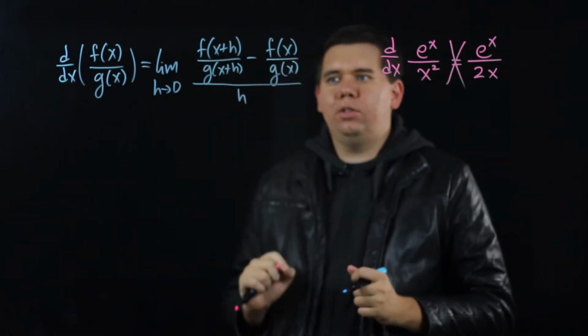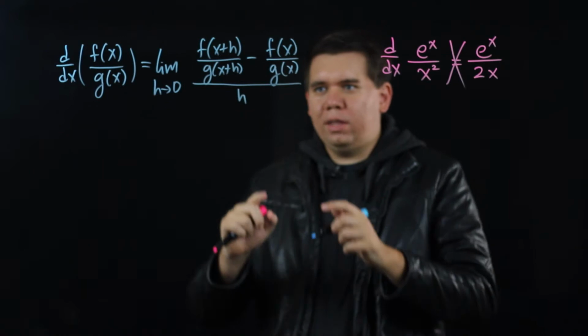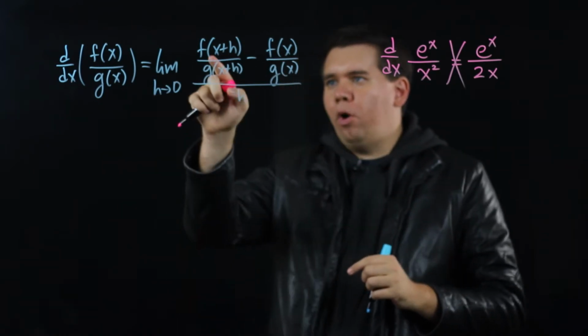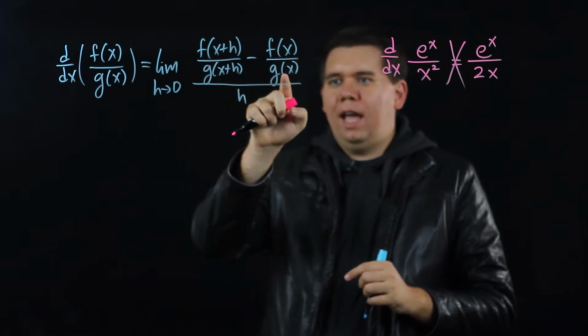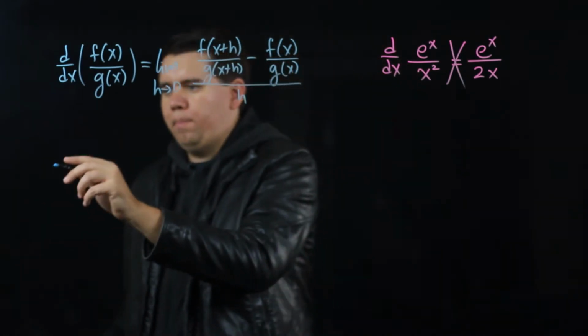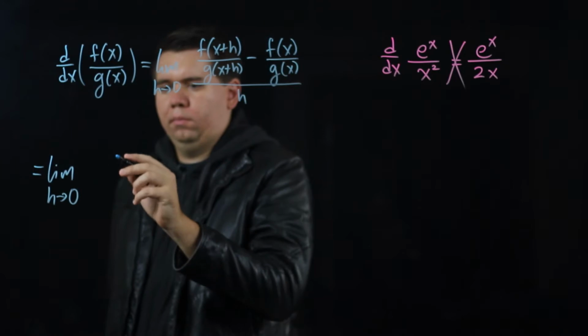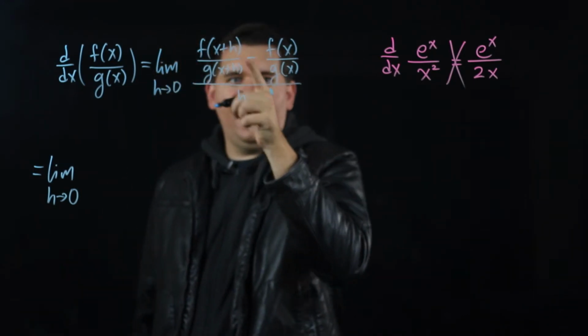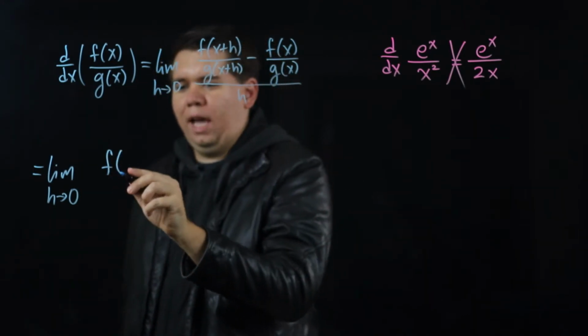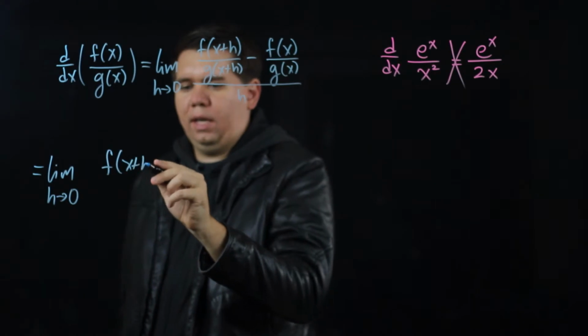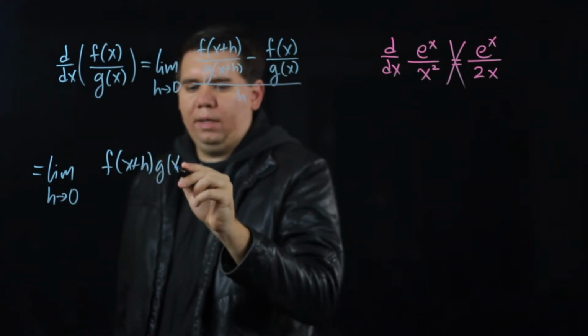We can combine these two fractions by putting them with a common denominator. Both will need a g of x plus h and then a g of x. So making a common denominator, we see that this first piece is lacking the g of x, so it becomes f of x plus h times that g of x.